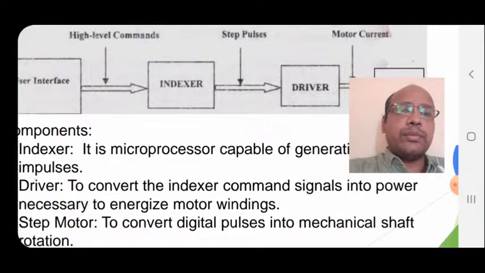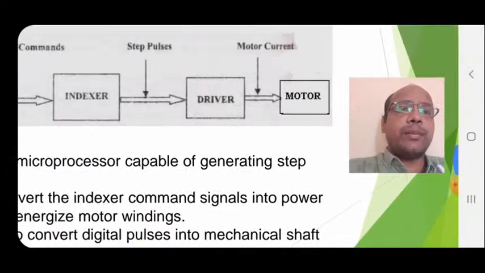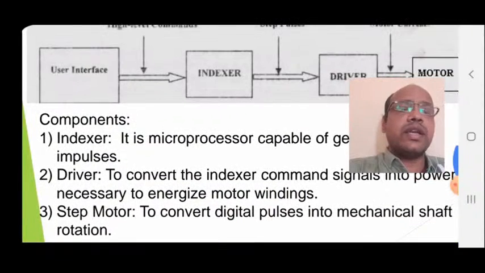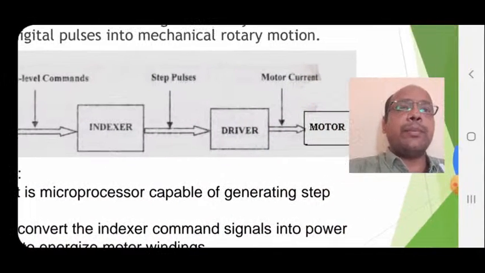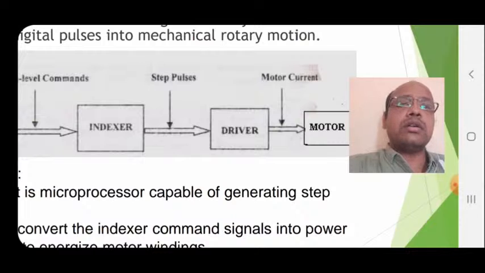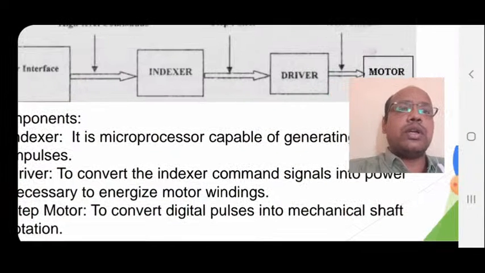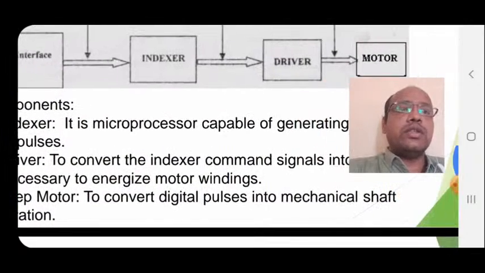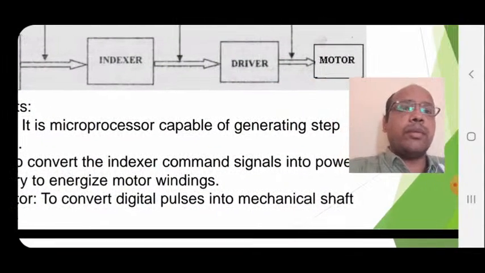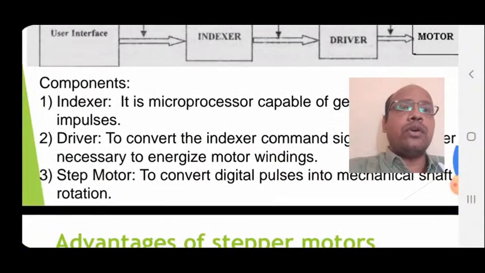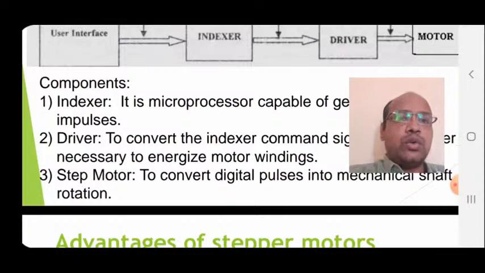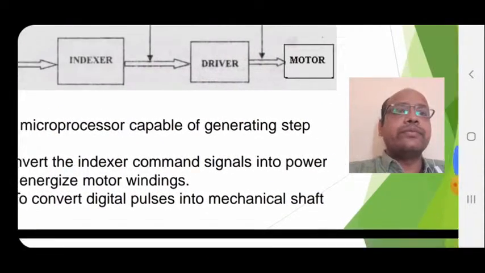Indexer is simply a microprocessor which is capable of generating step impulses. Step impulses are nothing but test signals. These signals are given to a driver. So driver is used to convert the indexer command signals into the power which is necessary to energize a motor winding.